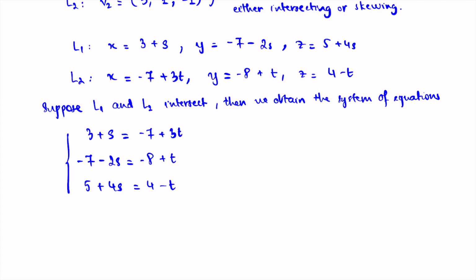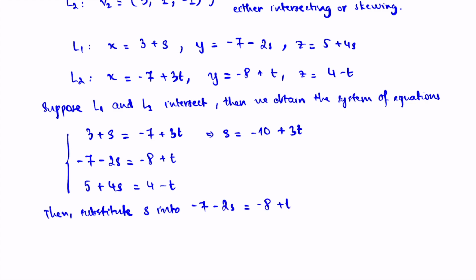For the first equation, I'm going to solve for s. That is s equal to negative 10 plus 3t. We're going to substitute s into the second equation. It doesn't matter which equation you substitute into next, but I'm just going to substitute s into the second equation: negative 7 minus 2s equal to negative 8 plus t.